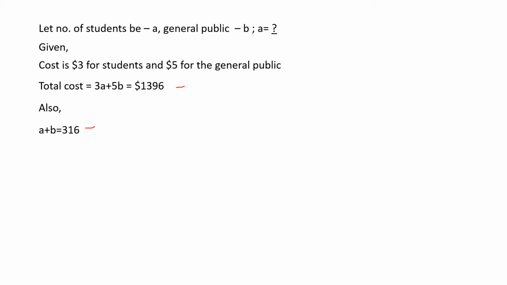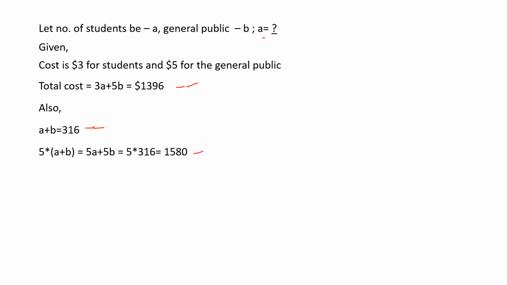Now we need to find A, okay, and we have two equations and two unknowns. So we need to eliminate B in order to figure out the value of A. So let's multiply this equation with 5 on both sides, because when we then subtract this equation from this equation, 5b gets cancelled out from both the equations and we are left with an equation dealing in only the variable a.